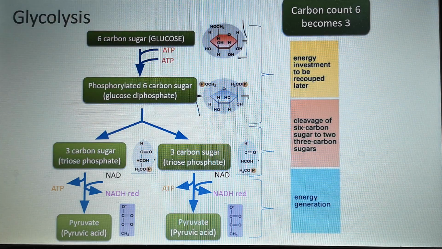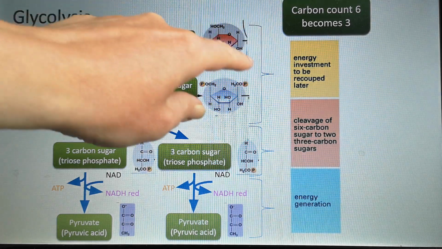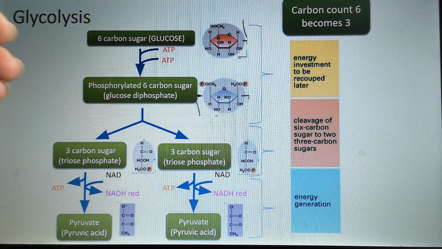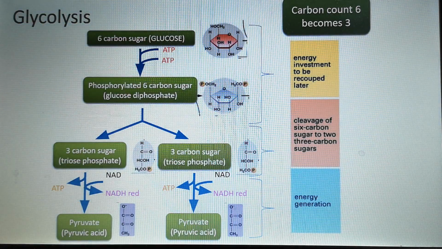If you remember back to the first term of your AS level studies, and if you also remember the nomenclature, the 1,6 is telling you where it's phosphorylated. So it's phosphorylated on carbon 1 and carbon 6. Okay, so glucose diphosphate is the answer that you're going to give in the exam, but if you look elsewhere in the literature, you might find it referred to as fructose 1,6-bisphosphate.